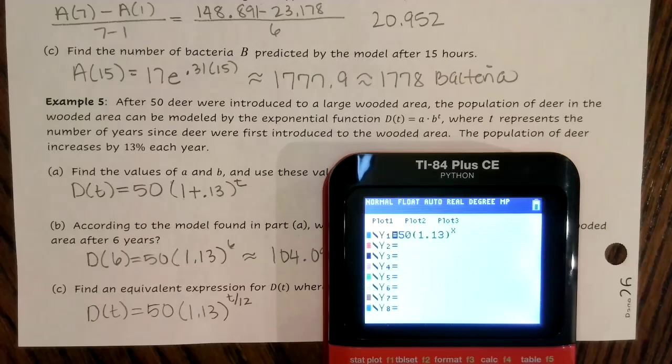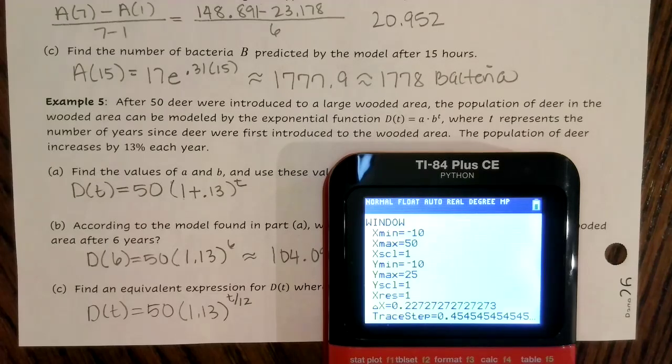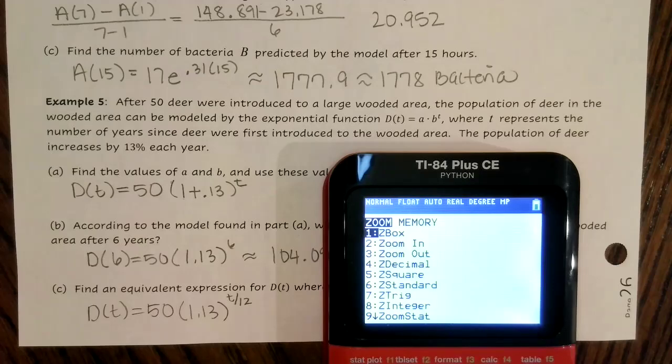But what if we were asked when there would be 150 deer? Well, since we haven't solved those yet, but I do want to start working towards that, you can solve using the calculator by plugging that into your y1 and then the 150 into y2. Now I would have to open my window because remember the standard window is just -10 to 10.